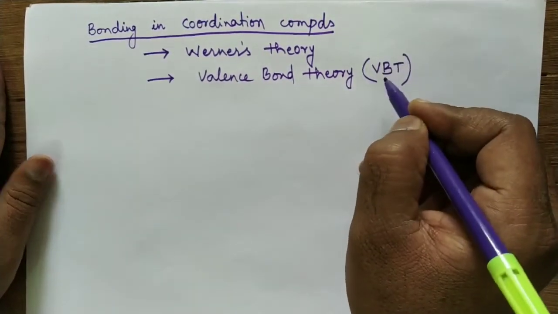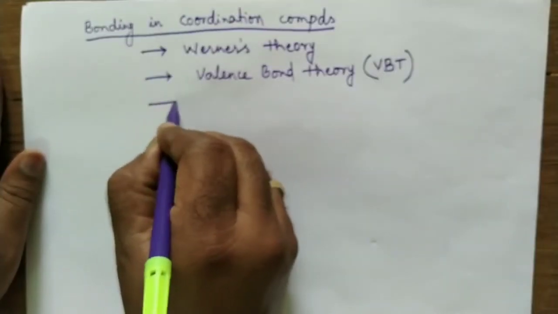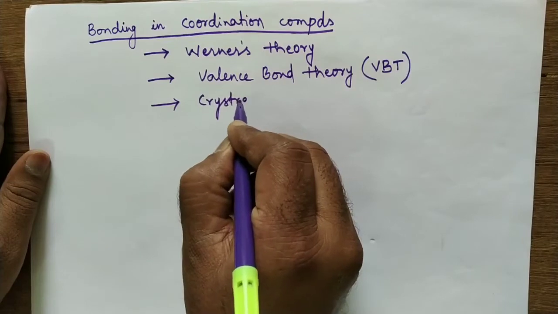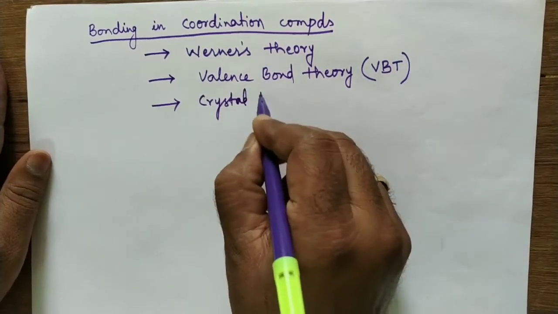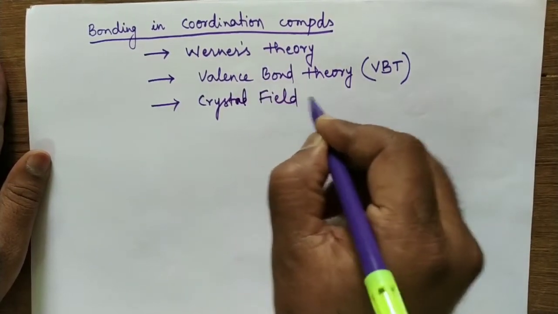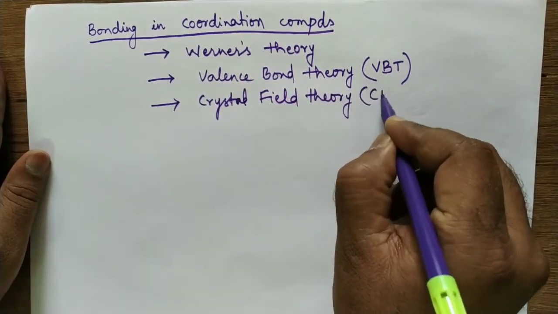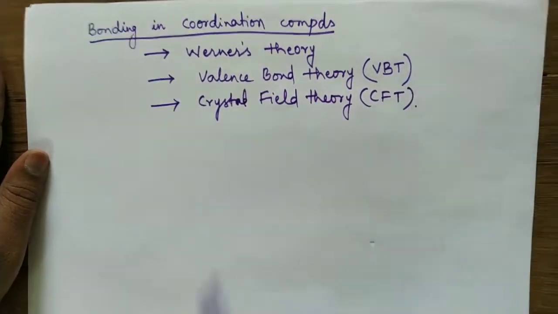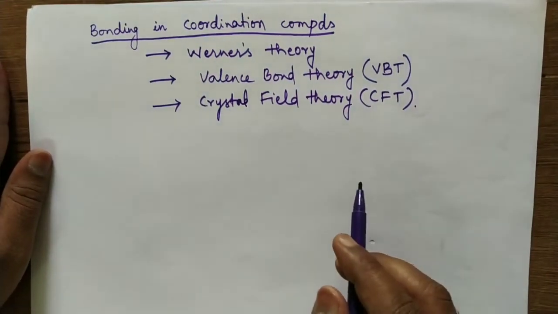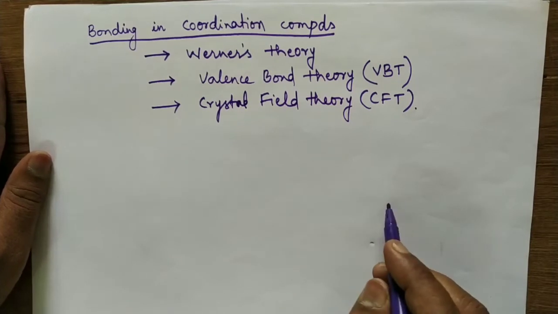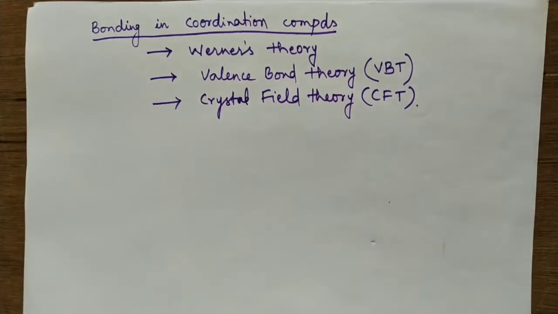Third is crystal field theory, CFT. These three theories explain the bonding and structures of coordination compounds.